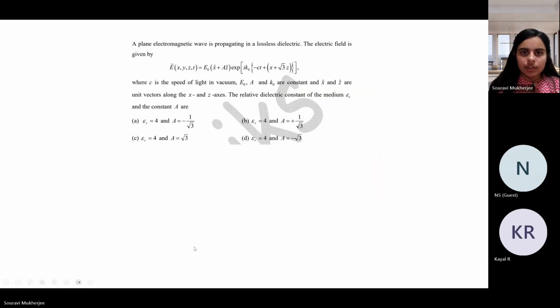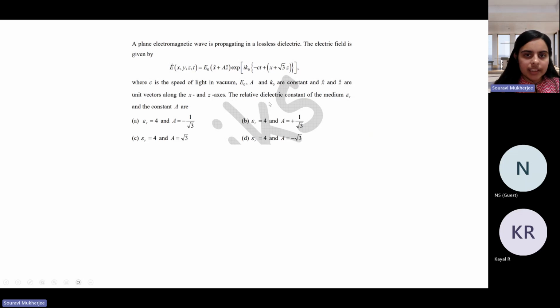Okay, so now we'll try to solve some questions. Here it says that you have a plane electromagnetic wave which is propagating in a lossless dielectric, and this is how the electric field looks like. E naught is the amplitude, k naught is the wave vector, and they are constants, and these are the unit vectors along the x and z directions.